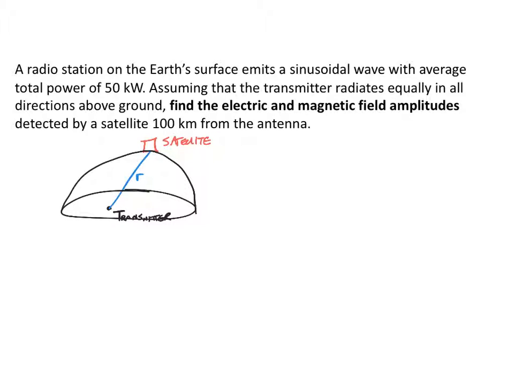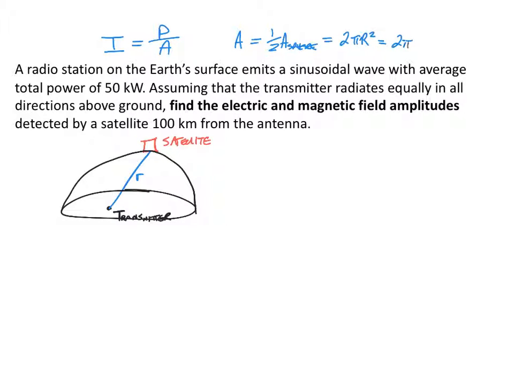So, reviewing, we already know that intensity is power per unit area. In this case, the area we're dealing with will be half the area of a sphere because it's a hemisphere. So instead of 4 pi r squared, it'll be 2 pi r squared.